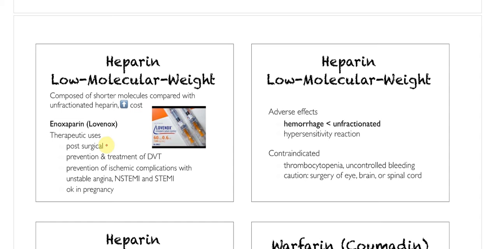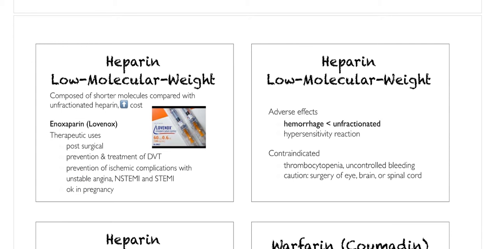So again, we're going to be using this post-surgically for prevention. The prevention of DVT can be treated with low molecular weight heparin, but not unfractionated heparin, except for post-operative. But some people might be able to use this outside of the hospital.